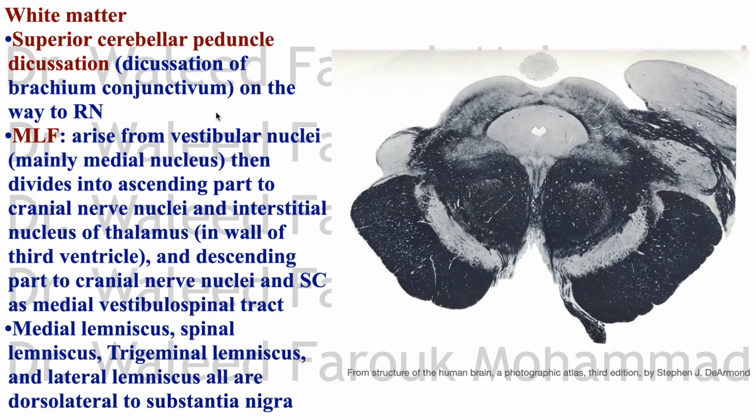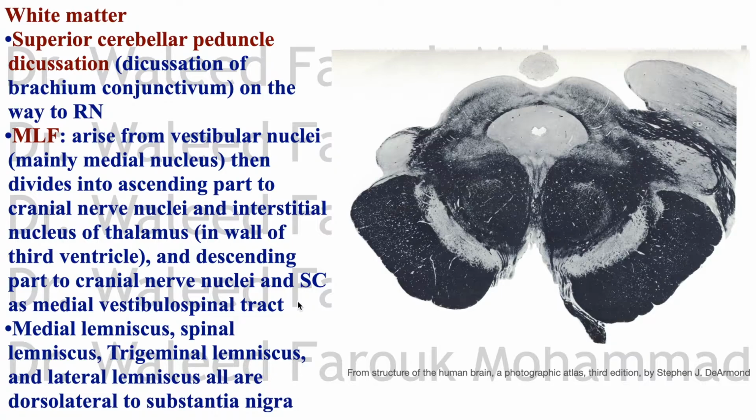The ascending part goes to the cranial nerve nuclei above it and the interstitial nucleus, called the interstitial nucleus of Cajal, in the wall of the third ventricle. The descending part goes to the rest of the cranial nerve nuclei and the spinal cord as the medial vestibulospinal tract.